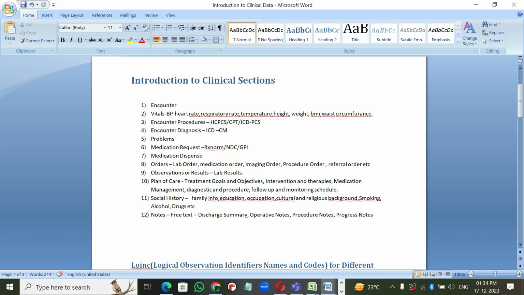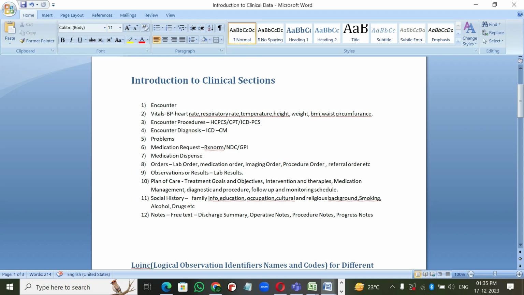But the normalization, and that's why it is called RxNorm. Norm means normalization. So normalization of these NDC codes is called RxNorm code. So one medication which has the same content, the strength, and the form, these three together make an RxNorm code.